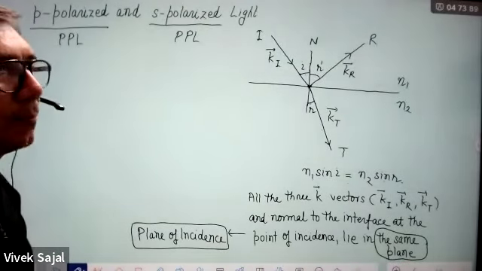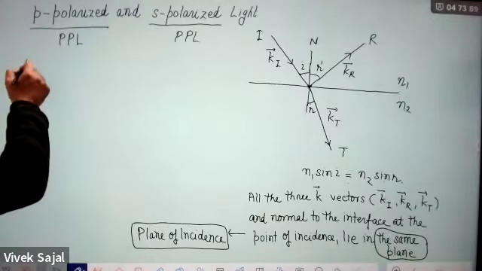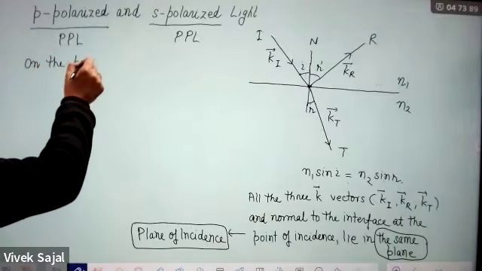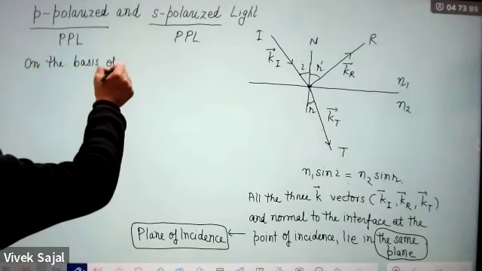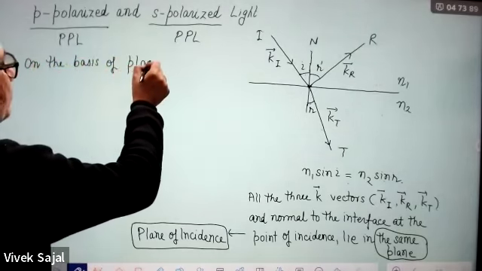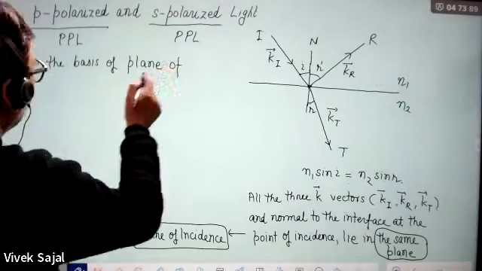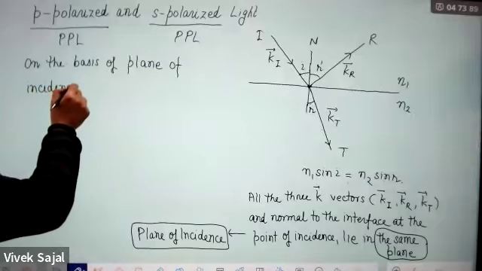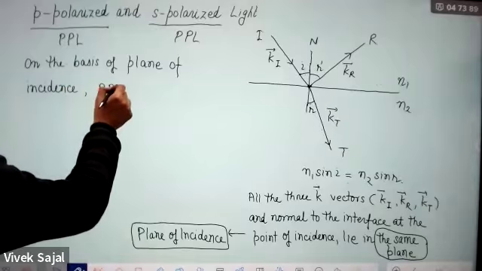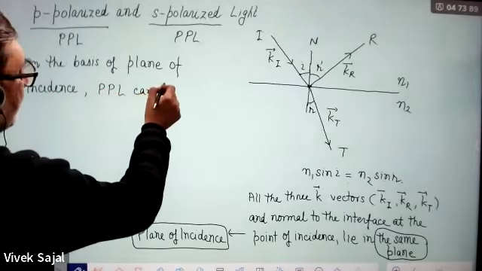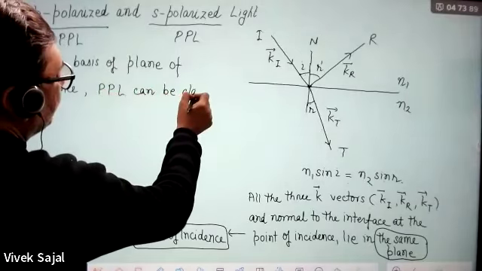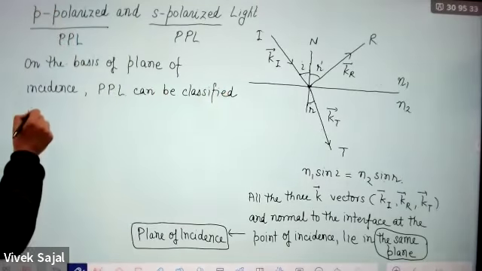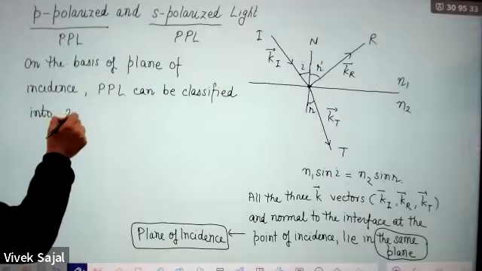Okay? Now, on the basis of plane of incidence, plane polarized light can be classified into two categories.